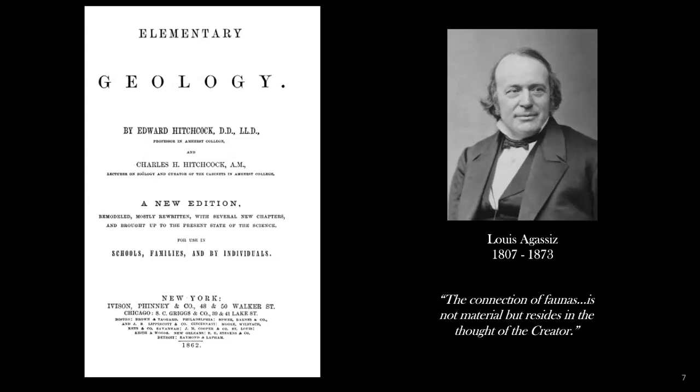The authors quoted Louis Agassiz, "The connection of faunas is not material, but resides in the thought of the Creator." Most tellingly, the Paleontological Chart, the frontispiece of 30 editions over 2 decades, was nowhere to be found. Hitchcock wanted nothing to do with Darwin's irreligious notions.